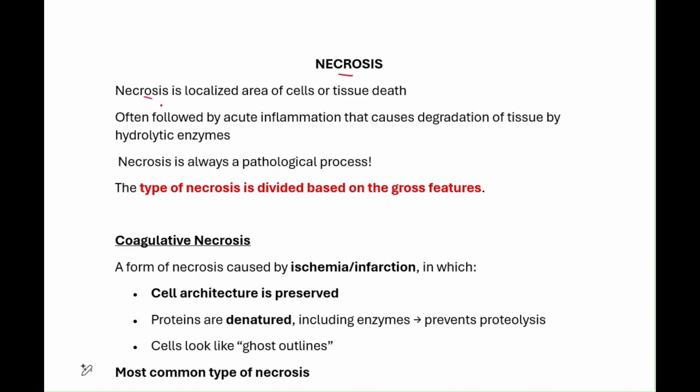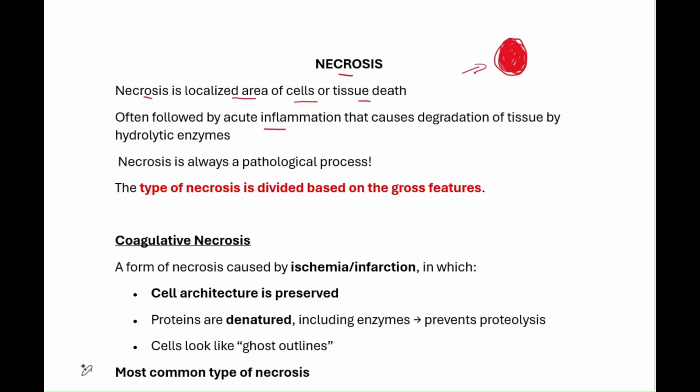So what's necrosis? Necrosis is a localized area of cell or tissue death. You just have a localized area whereby the cells or the tissues there are dead. And this is often followed by acute inflammation, because if you have a localized area whereby the cells there are dead, the only way you can get rid of them is inflammation.